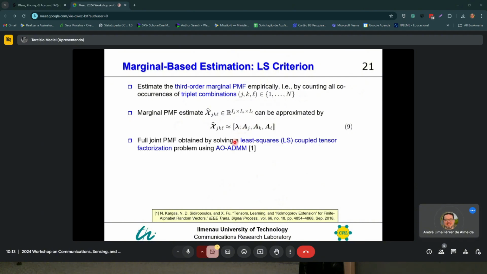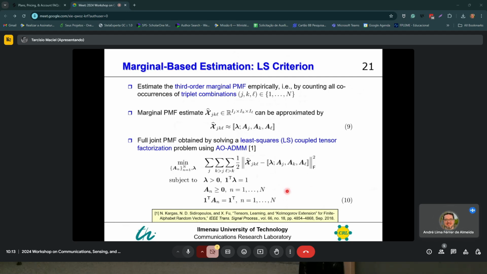And the full joint PMF is obtained by solving a least squares coupled tensor factorization problem using AO-ADMM, as shown in reference 1. AO-ADMM is alternating optimization based on the alternating direction method of multipliers. And this is the cost function that Nikos Sidiropoulos has used here.